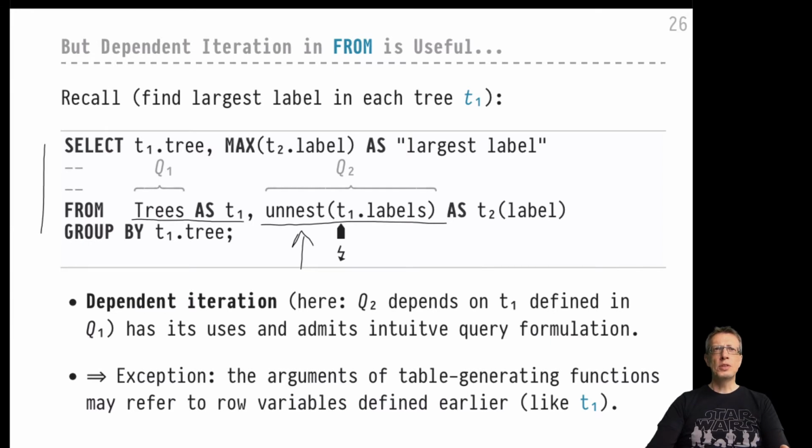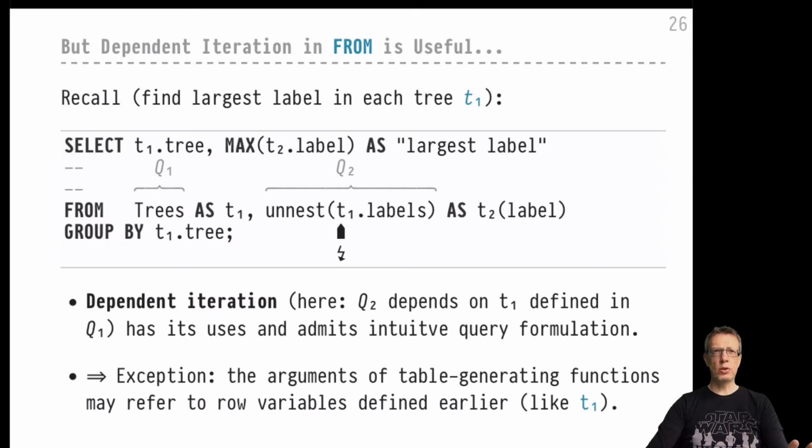But such dependent operation would be useful in many other occasions, many other scenarios of query specification too. So this is limited to set generating functions, okay? But there is a possibility in modern SQL dialects to have such dependent iteration in regular from clauses too, where set returning functions do not play any role.